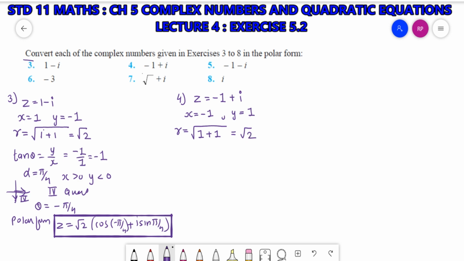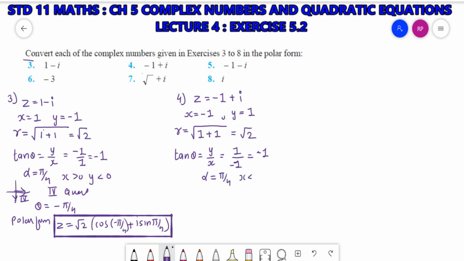Now for the argument, tan theta is equal to y upon x. What is y? 1, x is minus 1. So again the answer is minus 1, so alpha is equal to pi by 4.